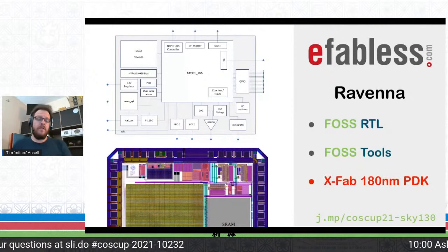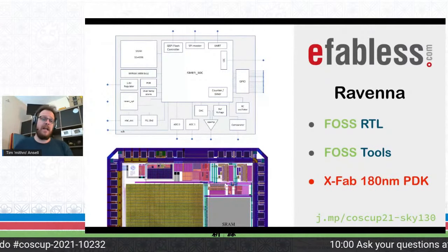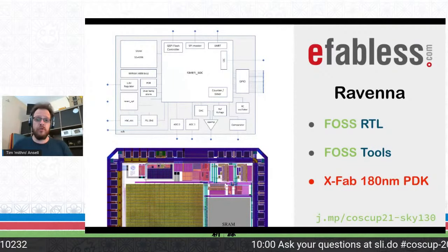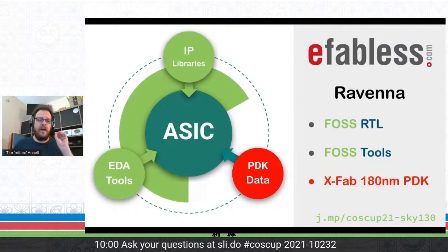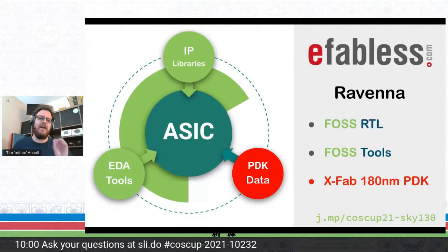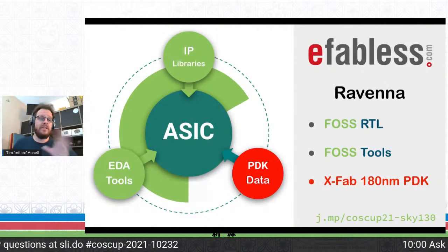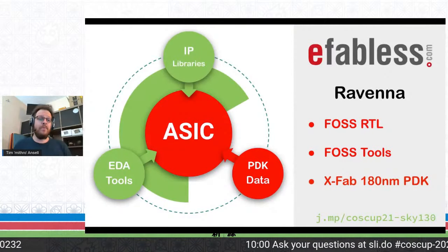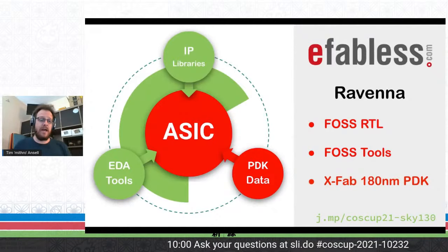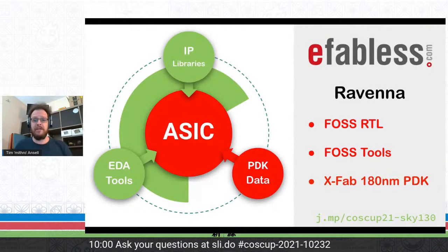But because they used the XFAB 180 nanometer PDK, which was a closed source PDK, the PDK infected the rest of the design, meaning that they weren't able to release the full design for anybody to replicate.